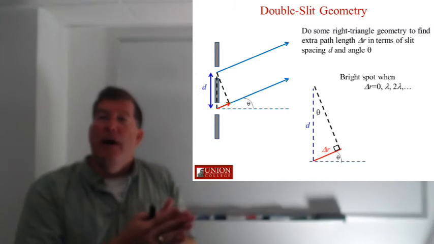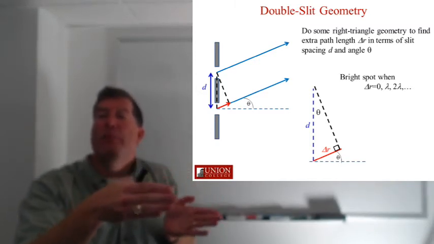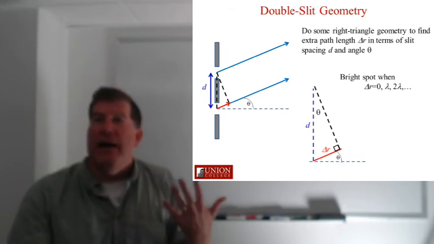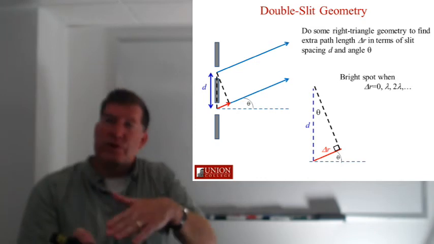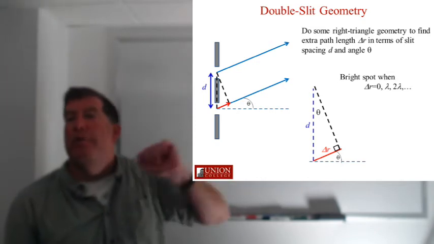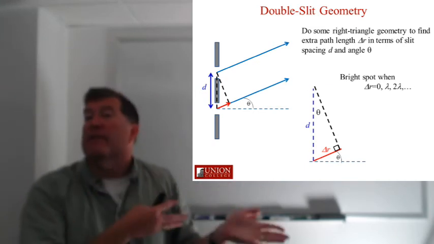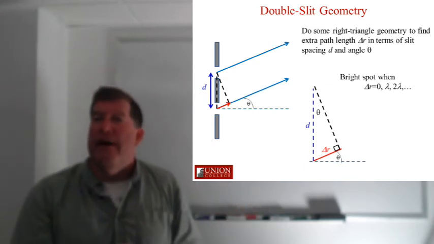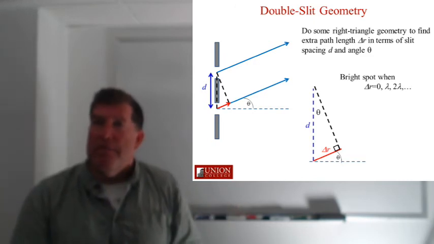And the question is, what is the extra path length that one of them is going to travel in terms of that distance d and the angle, which is also the angle that you'll see on the screen a long ways away when you detect it? This is going to be a homework problem that would be defined in much more detail in the homework assignment that you can find on Nexus.